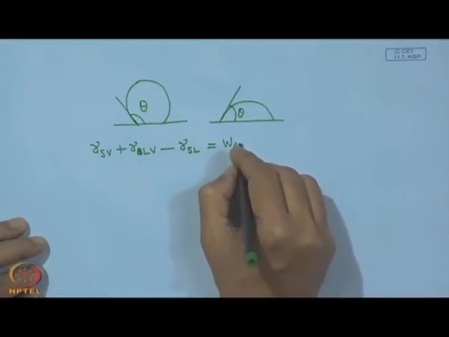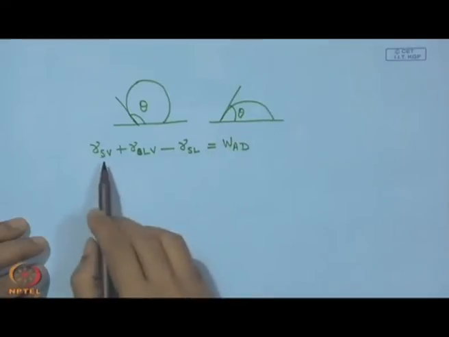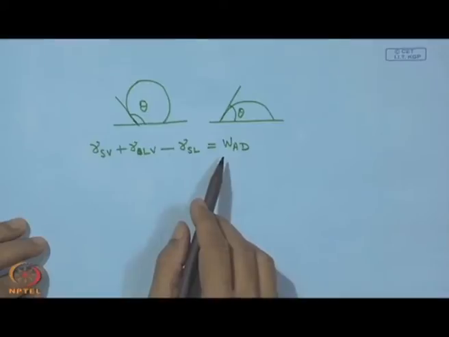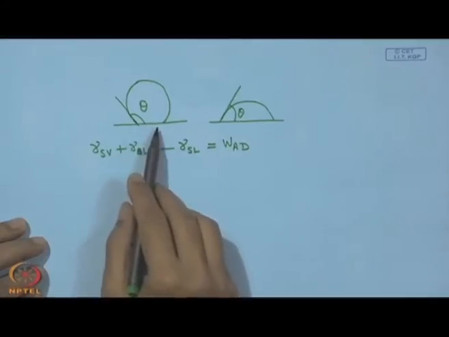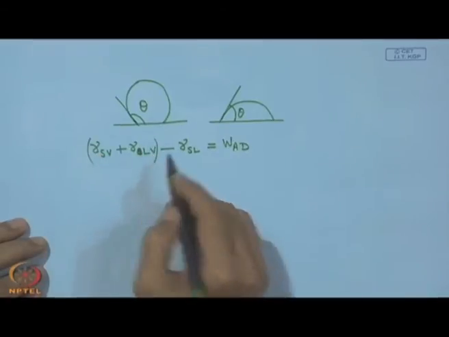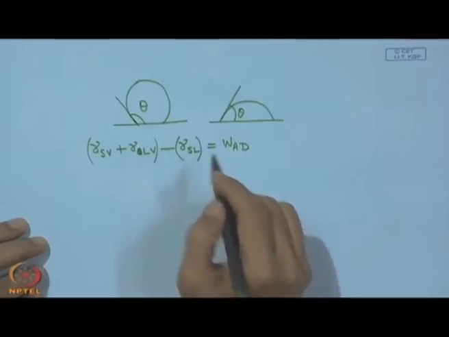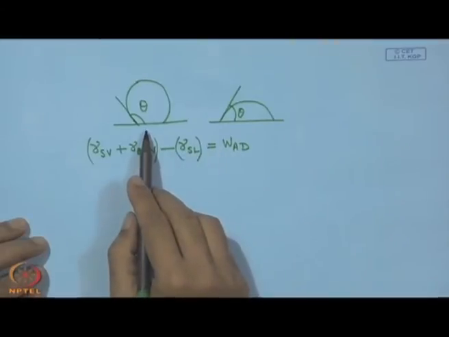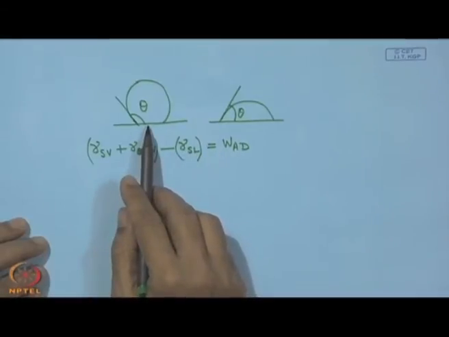that is given as W AD. Now, this we can see in the form of change of free energy per unit area of this interface. That means, this is the final state, this is the initial state. That means, the change is taking place from splitting of the interface and transforming it to two surfaces.